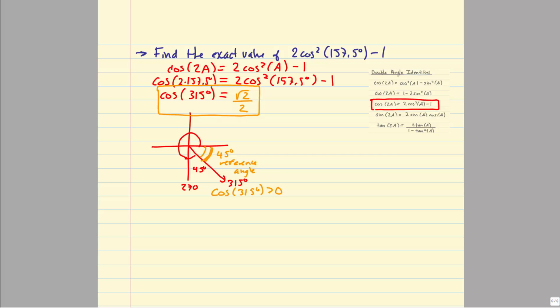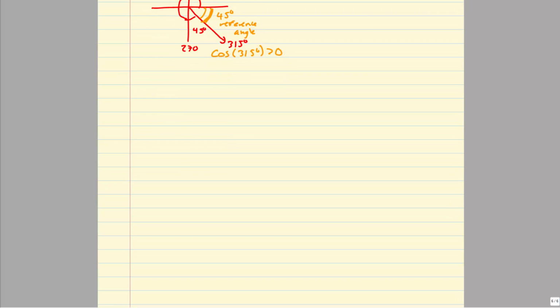Now we've usually been looking at sine and cosine. For our next one, let's go ahead and look at a tangent. So we want to simplify this expression. We want to simplify the tangent of 12 degrees over 1 minus tangent squared of 12 degrees.